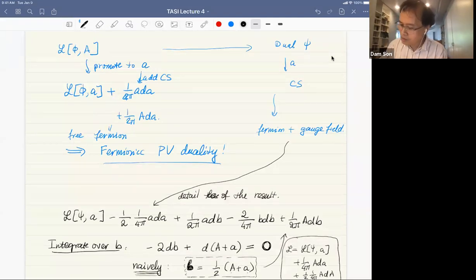So on this side, the free fermion is obtained without any of this subtlety.